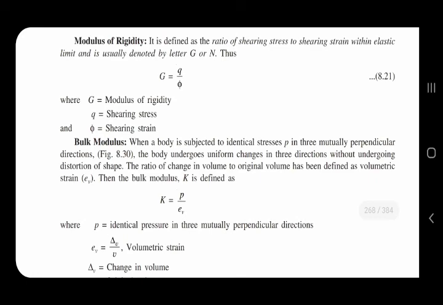The modulus of elasticity E is already defined, and we have seen it is nothing but the ratio of stress to strain, or E is equal to sigma by epsilon. Now, the materials that maintain this ratio are said to obey Hooke's law, which states that within the elastic limit, stress is directly proportional to strain producing it.